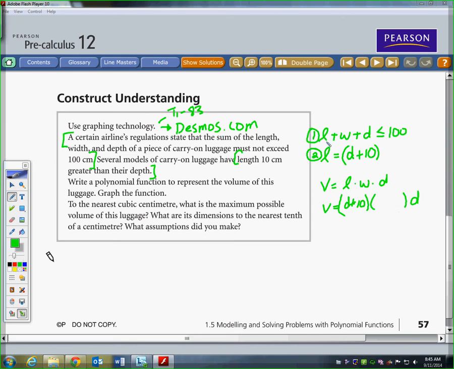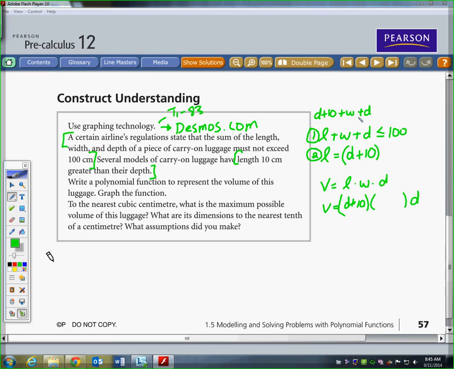Well, going back to this one, I can first of all say, oh, I got an L here, so I can change this L to d plus 10. So I could say d plus 10 plus w plus d is going to be less than or equal to 100. Now I want to represent the volume of the luggage.